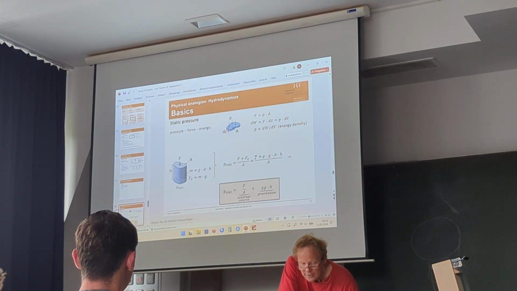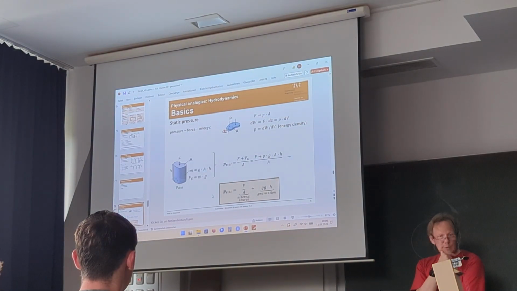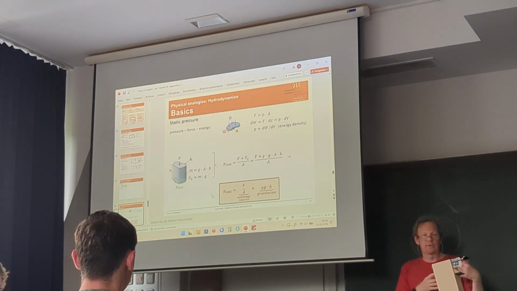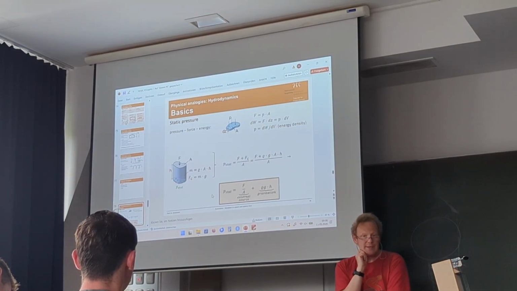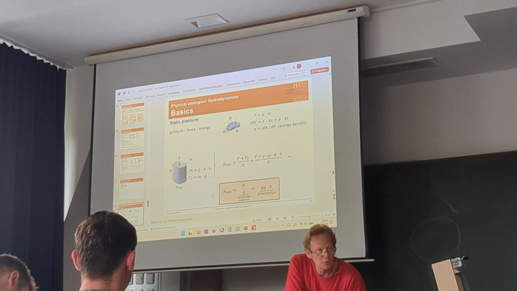So if we have an external force, then the static pressure is increased with F divided by A. When we do our analogies with the electricity, then we're always looking for a potential quantity, that has to do with the voltage, and another one, the flux quantity, where something flows, which has to do with the current. And the question is maybe already our potential quantity, which has to do with voltage?